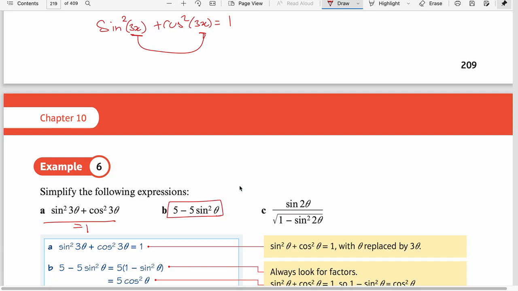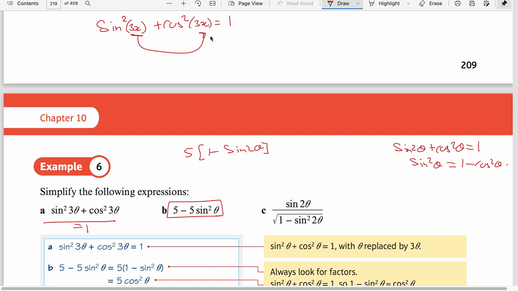Second, if I use the same identity, sin square theta plus cos square theta is equal to 1, and make sin square theta the subject, this would be 1 minus cos square theta. So we can replace this. If I take 5 as common, this is 1 minus sin square theta.